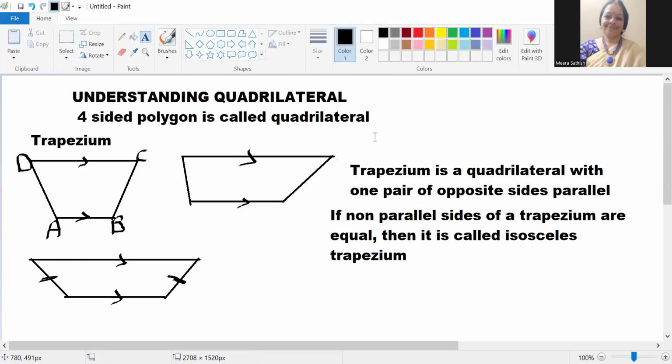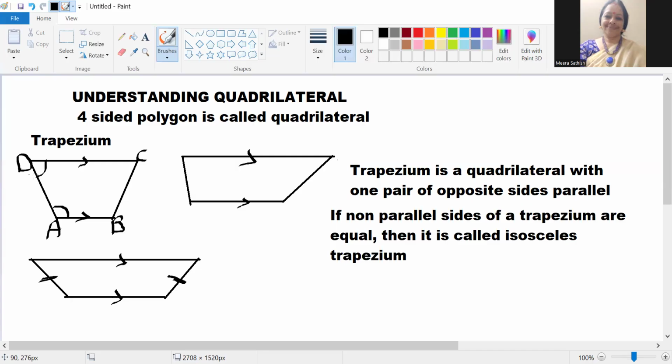Then, next, what is the speciality of a trapezium? See, AB and CD are parallel. Then, what about these angles, angle A and angle D? They are lying on the same side of the transversal. Here, what is the transversal? AD is the transversal.